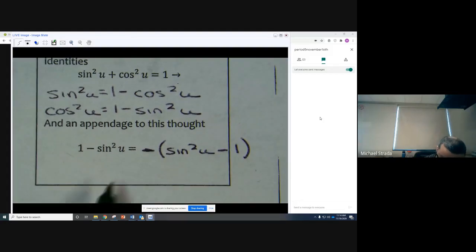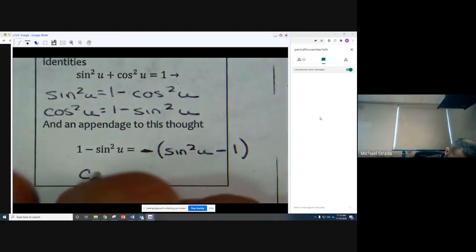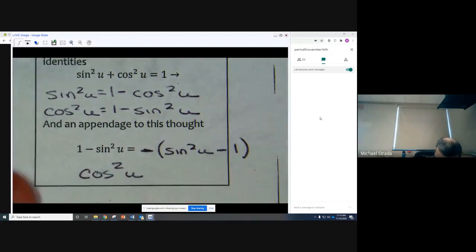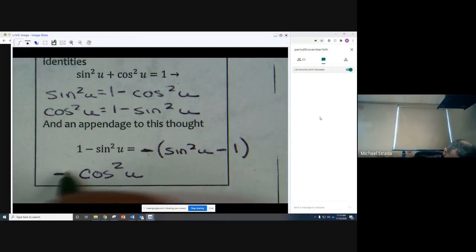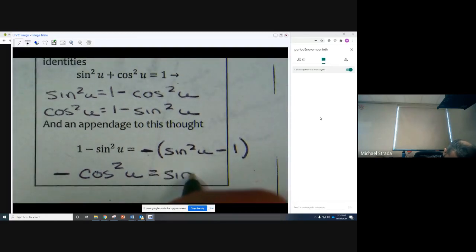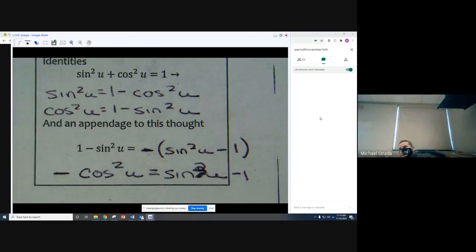Well, 1 minus sine squared u we just wrote above was cosine squared u. And then if we wanted to move that negative over, that would be equivalent to sine squared u minus 1. So if instead of 1 minus, it's just the sine squared minus the 1, instead of a positive, it's a negative.